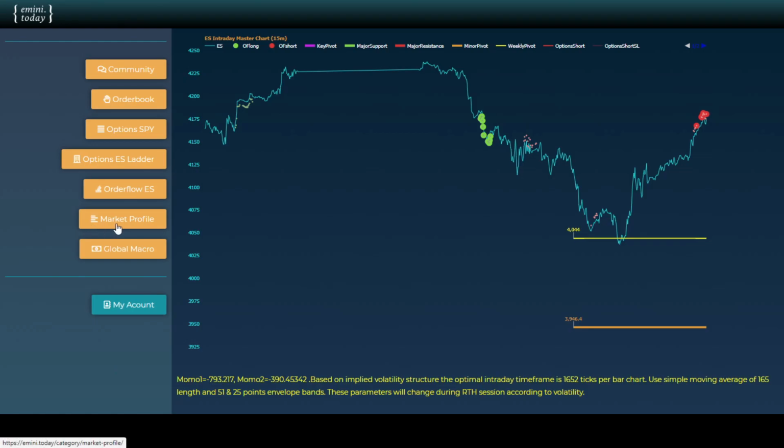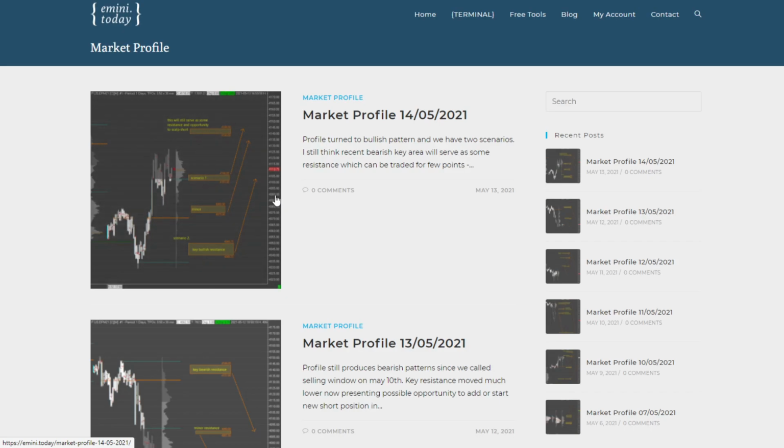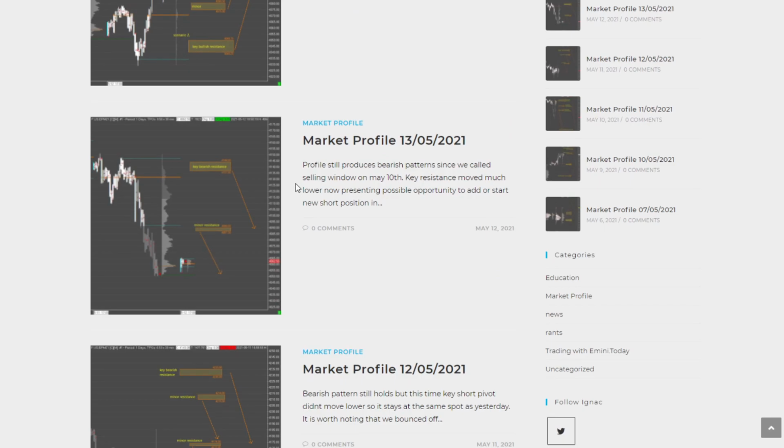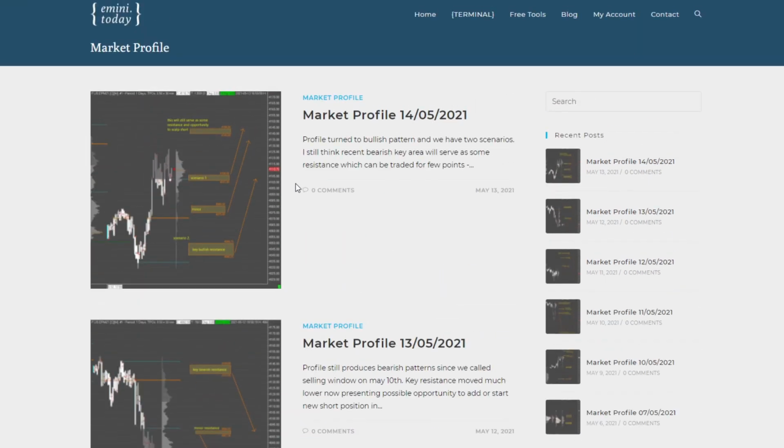If you go to market profile, you will see that these are simply my posts on the blog, and I try to update them every day. There are a few days when there was no profile, but for most sessions, after the US session, I upload my view on price structure through market profile.